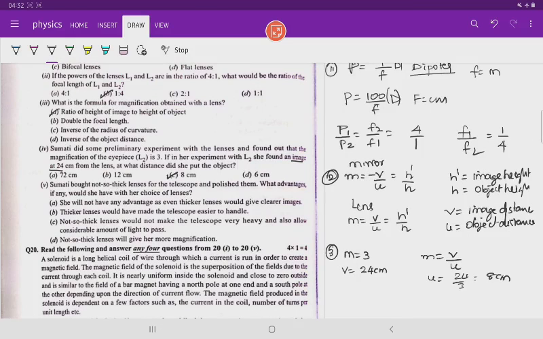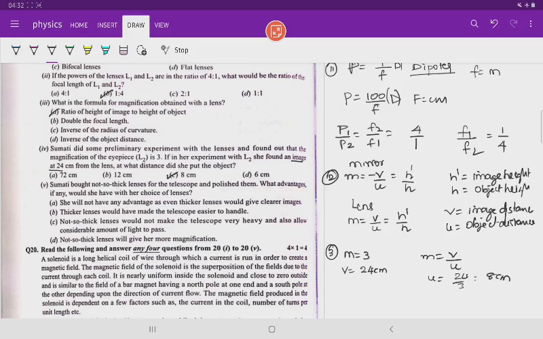We'll be moving on to question number 5. I hope so. To answer the first 4 questions is very easy. Since the 5th question is a little bit tricky, you have to study the case study in detail so as to answer it. Sumati bought not so thick lenses for the telescope and polished them. What disadvantages, if any, would she have with her choice of lens? So we know that not so thick lenses would not make the telescope very heavy and also allow a considerable amount of light to pass through it.